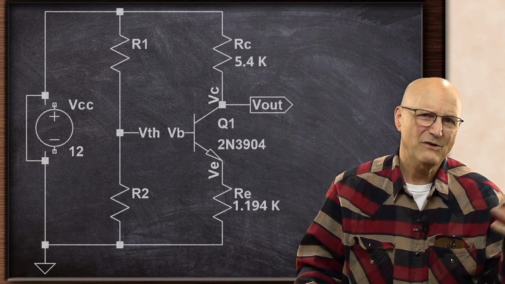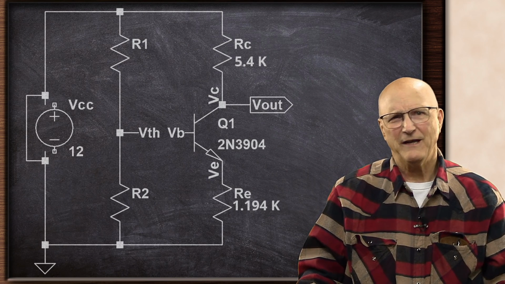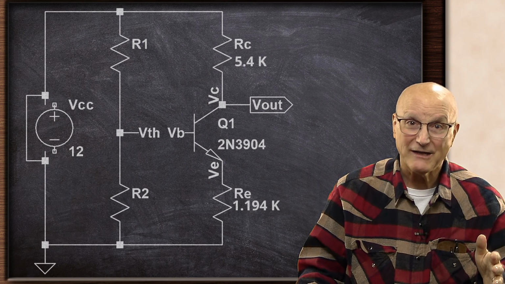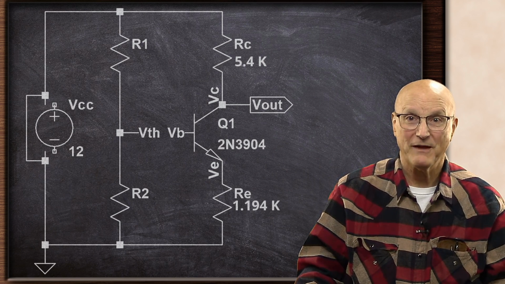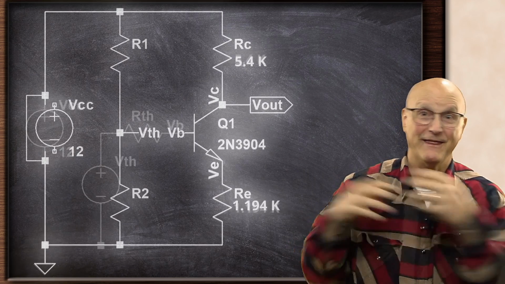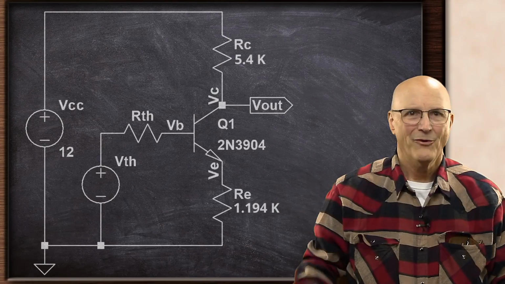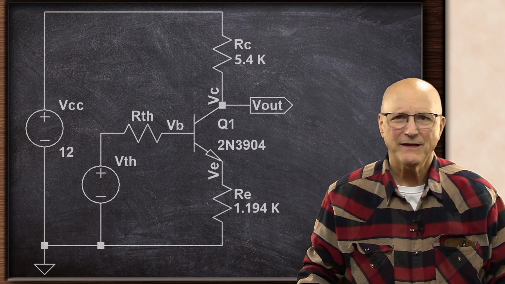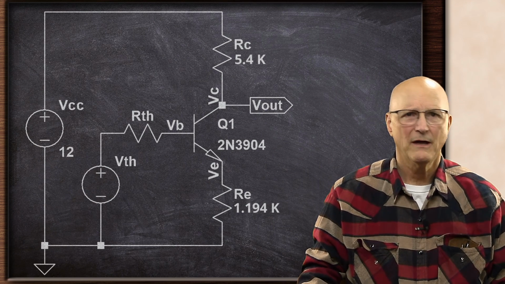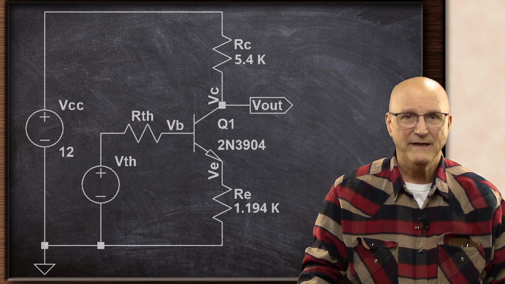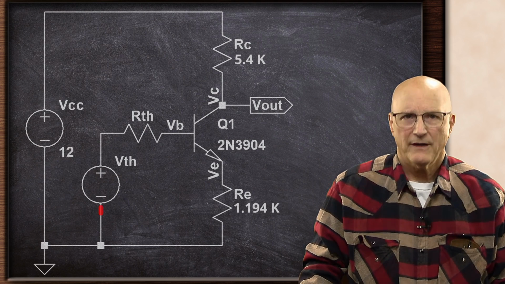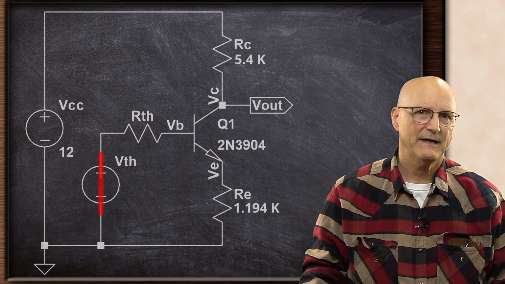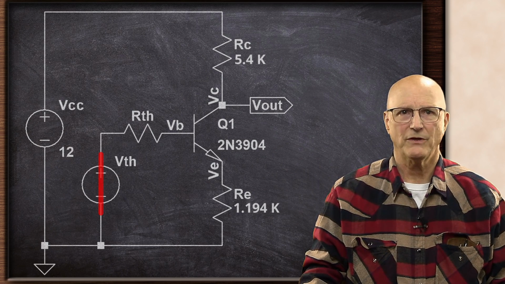What do we do with this new V Thevenin and R Thevenin? Well, we get to refactor our schematic to include the Thevenin equivalent. And now it looks like this. Well, with this new schematic, our next step is to write the Kirchhoff's voltage equation around the Thevenin base emitter loop. Starting at the negative side of the Thevenin voltage and moving toward the positive side is a positive change in voltage.